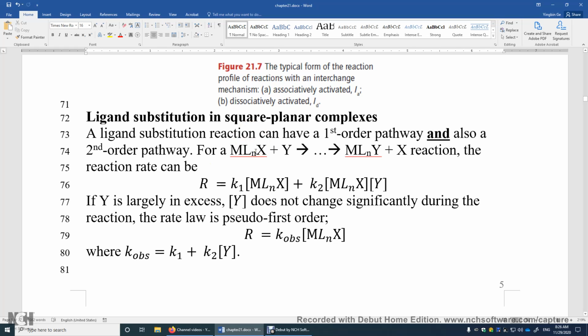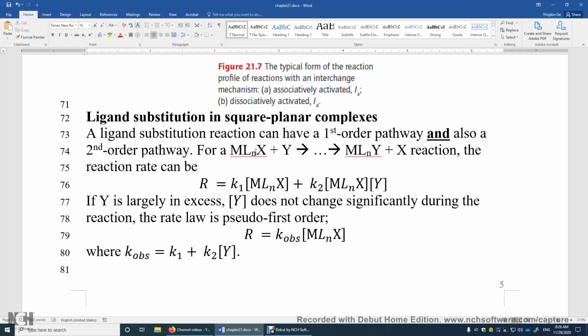Sometimes it's a truly first order reaction. Sometimes it's just a combination of first order and second order. And why is that? I'm going to explain. When you have a square planar complex, this metal is bonded to only 4 ligands in the same plane.